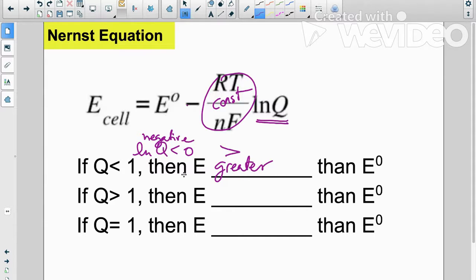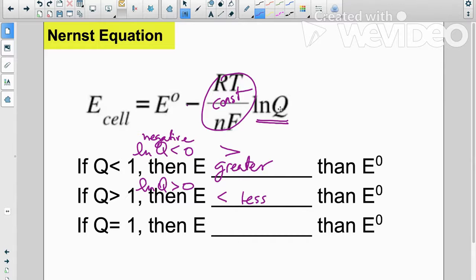Now the opposite is going to be true if Q is greater than 1. We've got a number with a positive exponent, and so the natural log of Q will be greater than 0, so this part will be positive. If we subtract it off the standard cell potential, we're going to get our actual potential to be less than the standard cell potential.